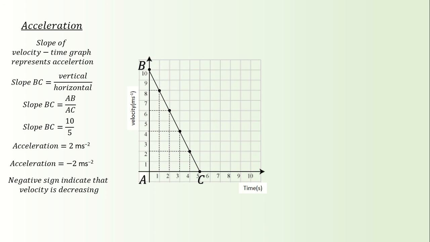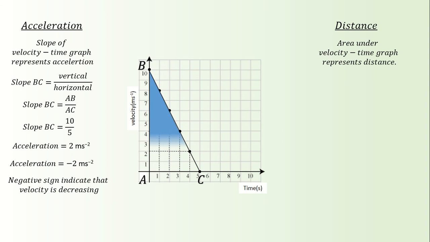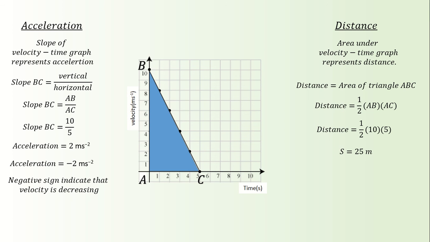Here the negative sign indicates that velocity is decreasing constantly. Distance: the area under the velocity time graph represents the distance. Here again it is a triangular shape. So distance is equal to the area of triangle ABC. By putting the values, S is equal to 25 meters.